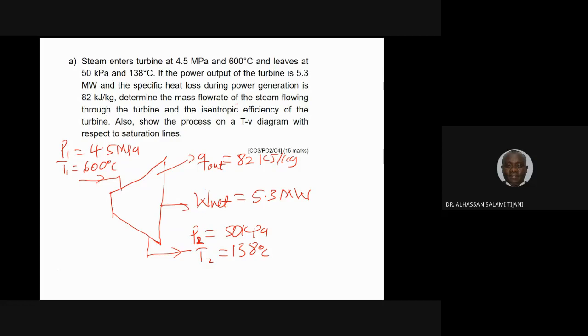Now, determine the mass flow rate of the steam flowing through the turbine and the isentropic efficiency of the turbine. Also show the process on a T-s diagram with respect to saturation lines.